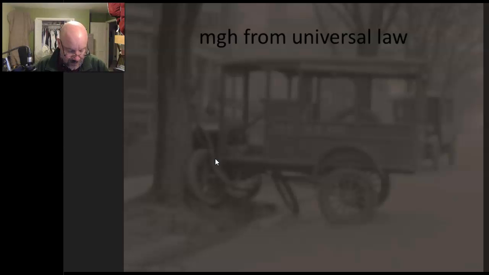All right, so one thing I want to take a look at here is the universal law of gravity. Let's suppose we've got an object here, I'll just call it M sub E, and another object over here, we'll just call it M. There's a distance between them, we'll call it R initial.